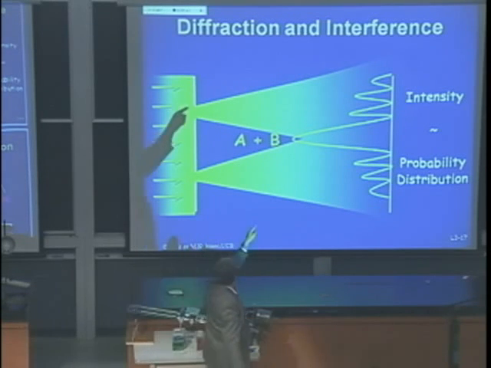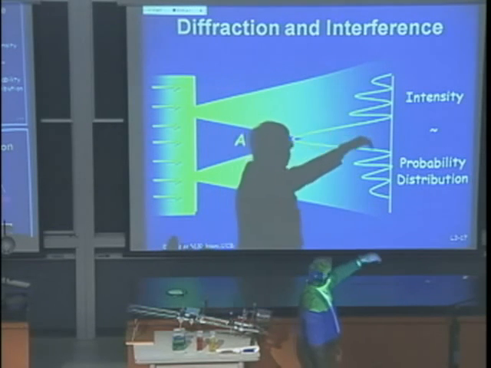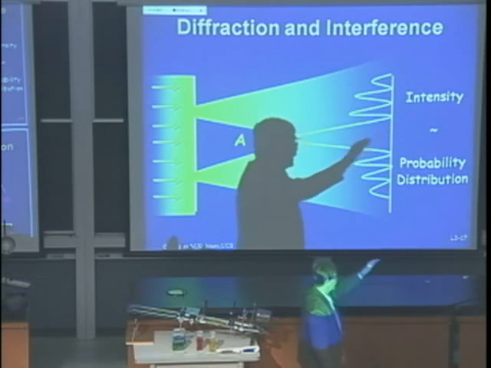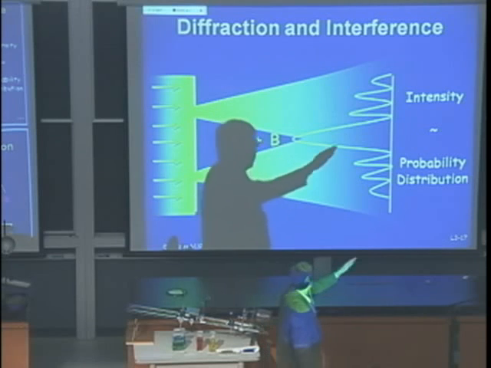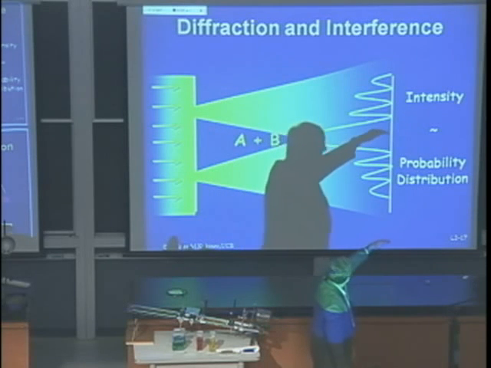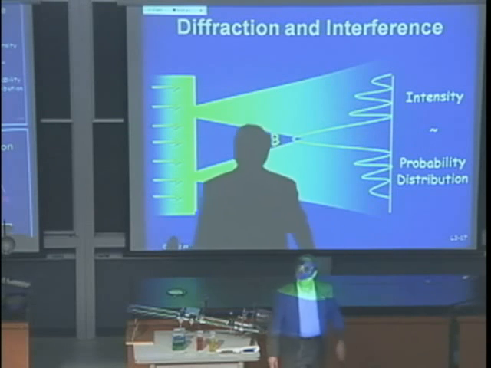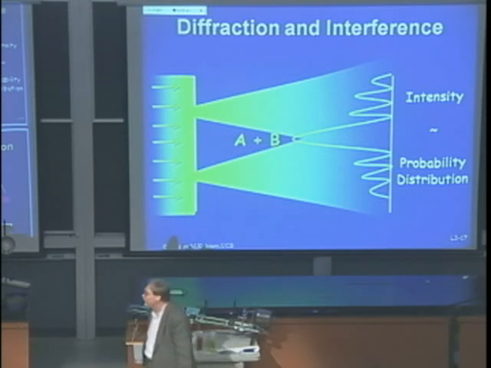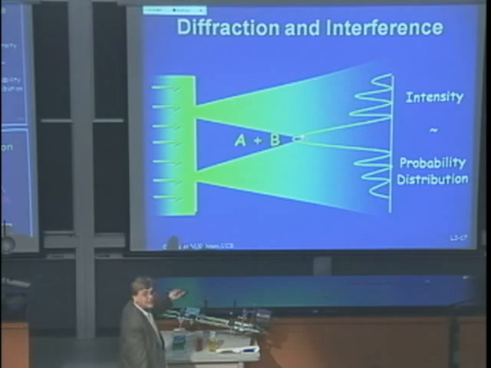This wave that comes here goes up, down, up, down, up, down, up. And this wave goes up, down, up, down, up. So you have constructive interference, and you get a very bright peak here.